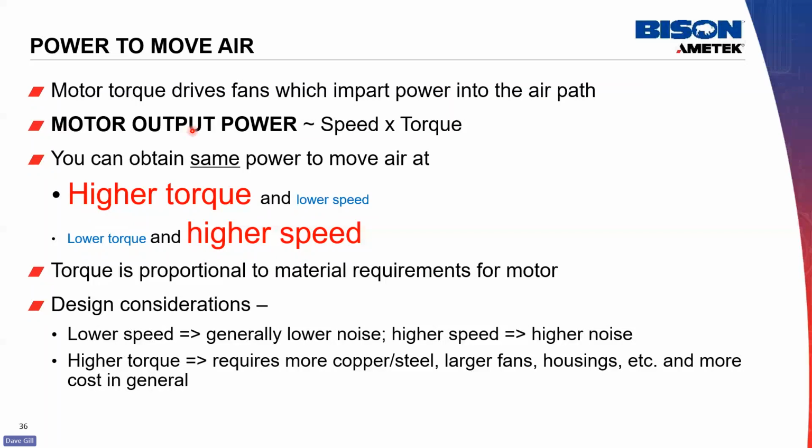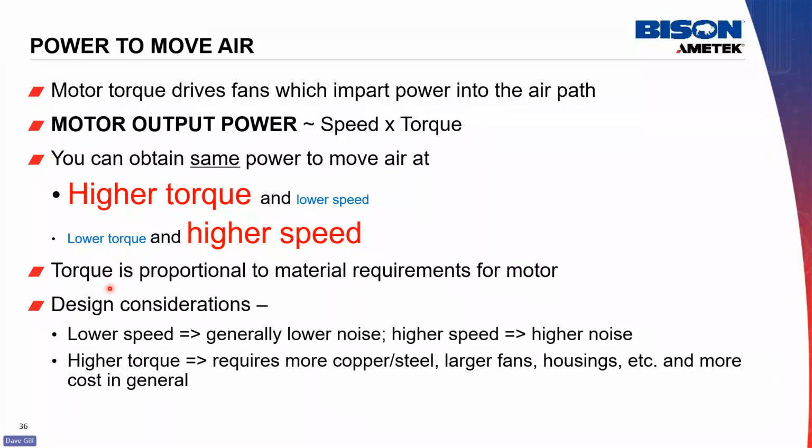The motor output power is proportional to the speed times the torque. Now, if you look at that equation, you can obtain the same power to move air with a higher torque and a lower speed, or a lower torque and a higher speed. Okay, you gotta let that sink in a little bit.